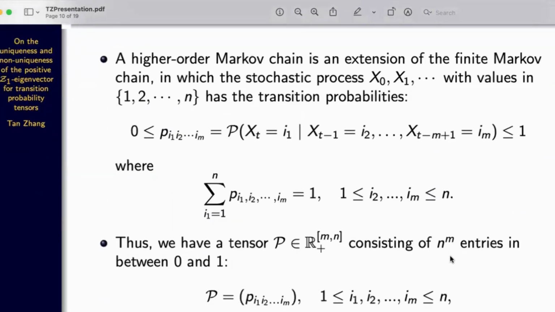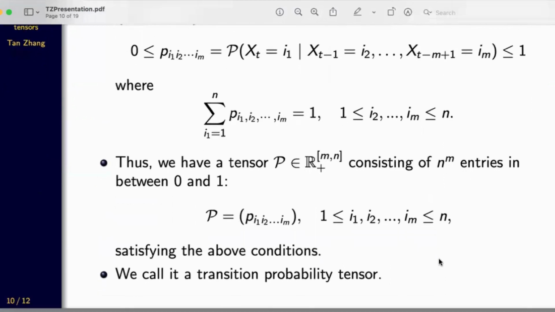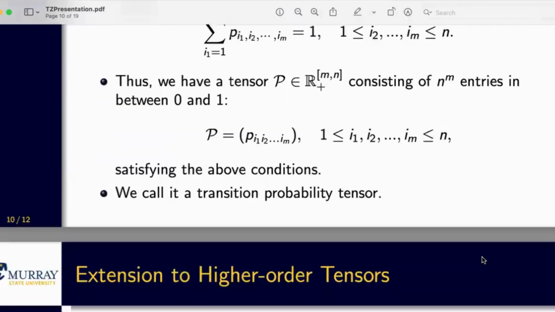To create such a tensor, we use this particular summation, and this has now been a well-established notation in the studies. So a tensor here is a non-negative one consisting of n to the m entries of elements ranging from 0 to 1. And it has to satisfy this sum equals 1 condition to qualify as a probability tensor.